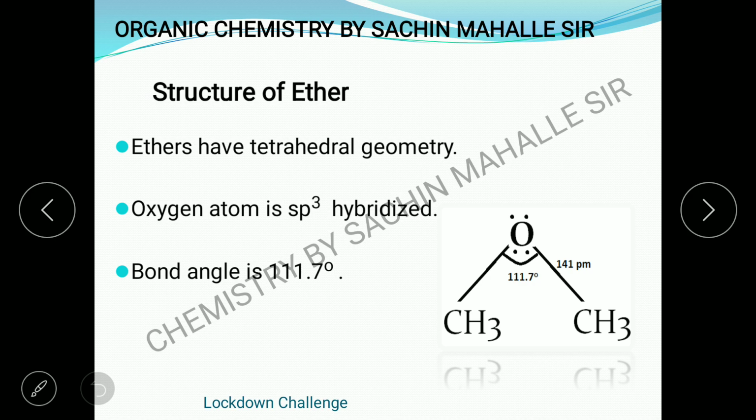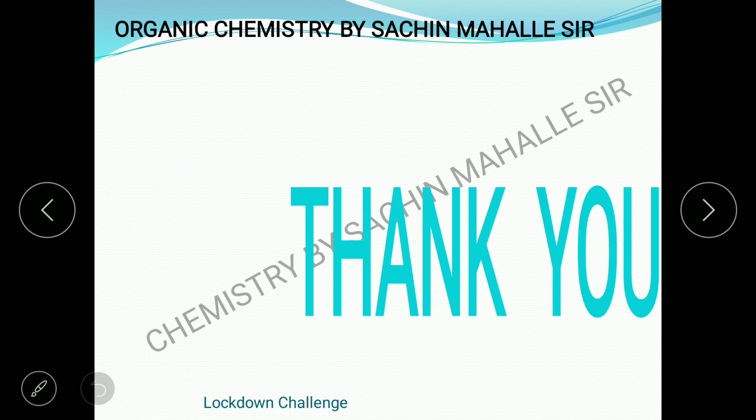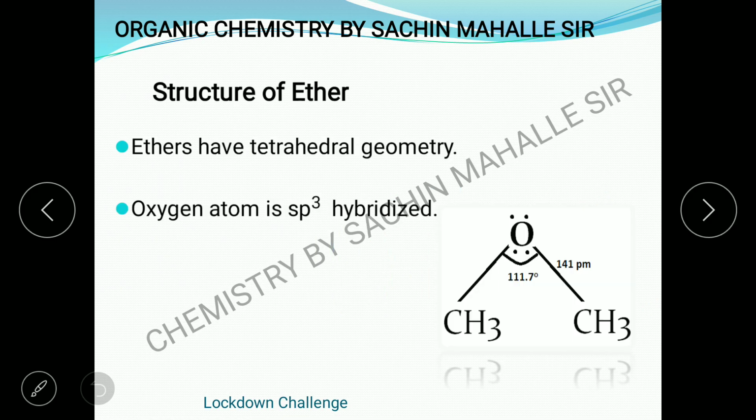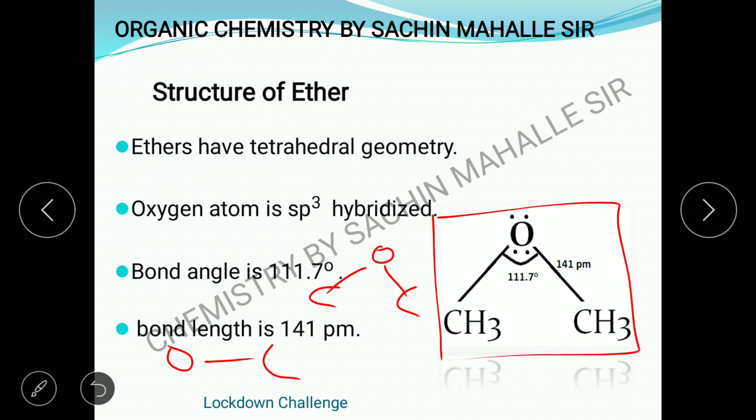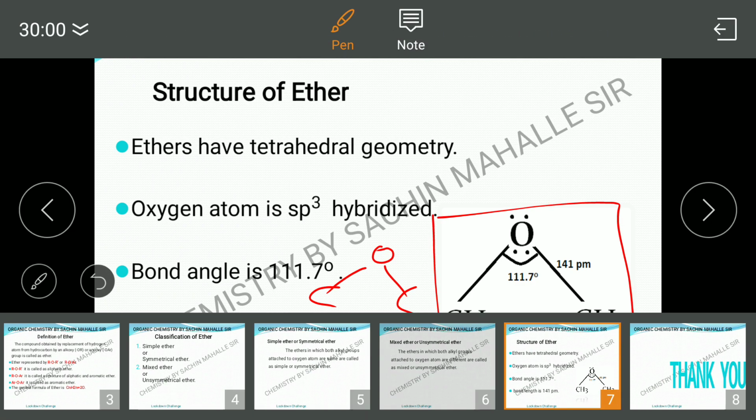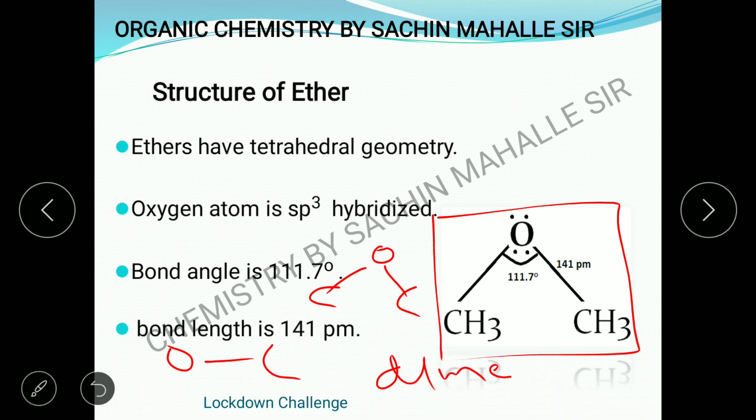Bond angle is 111.7 degree. Bond length is 141 picometer. This bond length is between oxygen and carbon atom, and this bond angle is between carbon and oxygen. This is the structure of dimethyl ether.